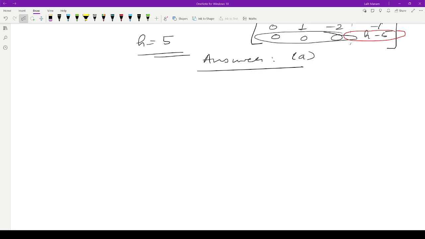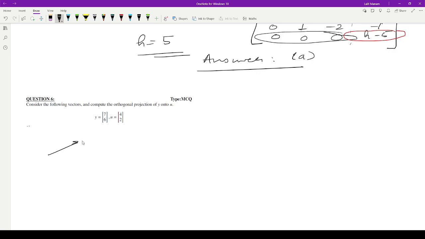Okay, then we move on to a different set of questions. We'll move to question 6. So we are given vector y and vector u, and we need to compute the orthogonal projection of y onto u. So you can think of it like this.